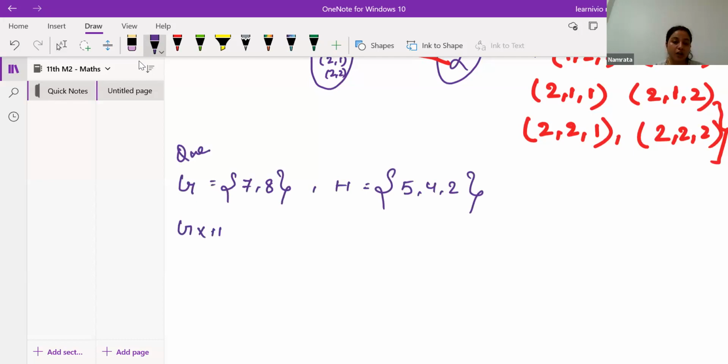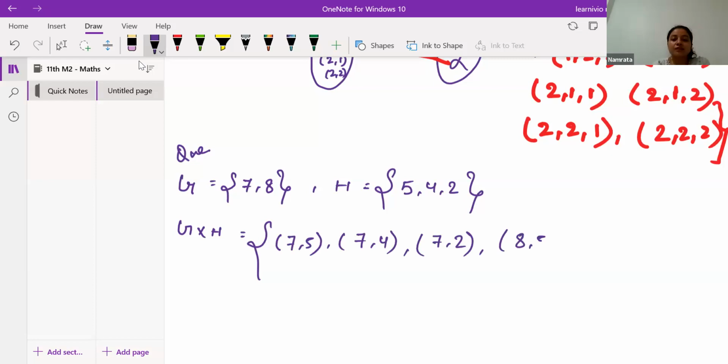Can you see, Lena, what will be the ordered pairs over here? 7, 5, and then 7 with 4, and 7 with 2. Perfect. Next, 8 with 5, 8 with 4, then 8 with 2. Perfect. And these are all the possible combinations we have written.